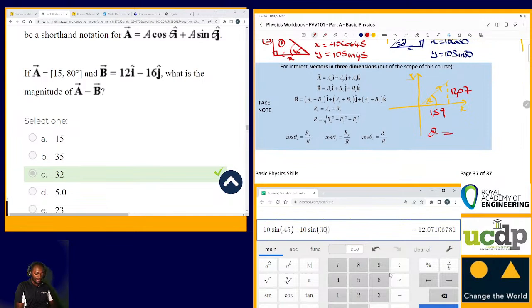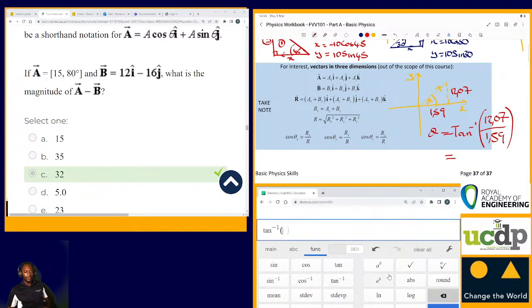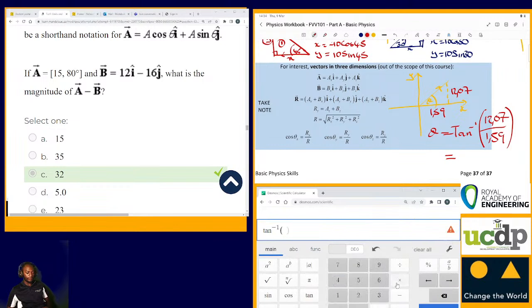So theta is equal to arctan y, which is 12.07 over 1.59. Clear that second function at 12.07 over 1.59.